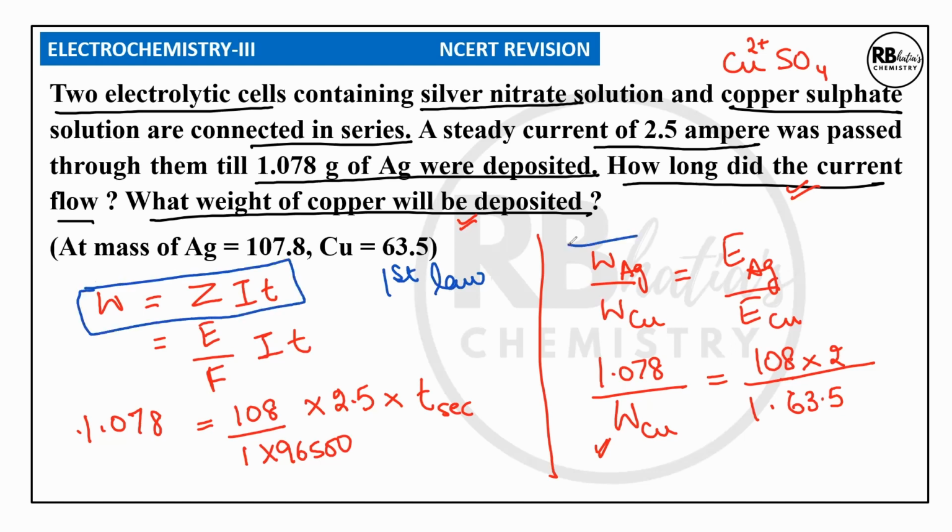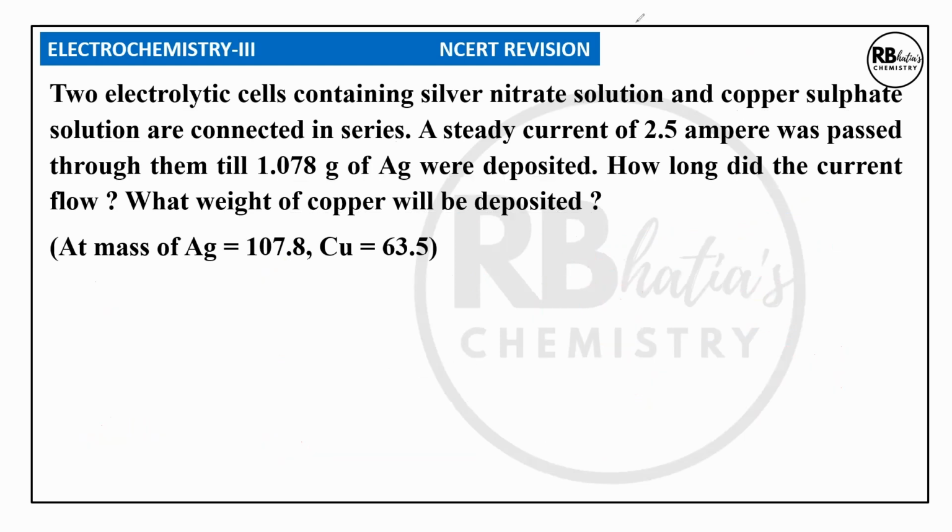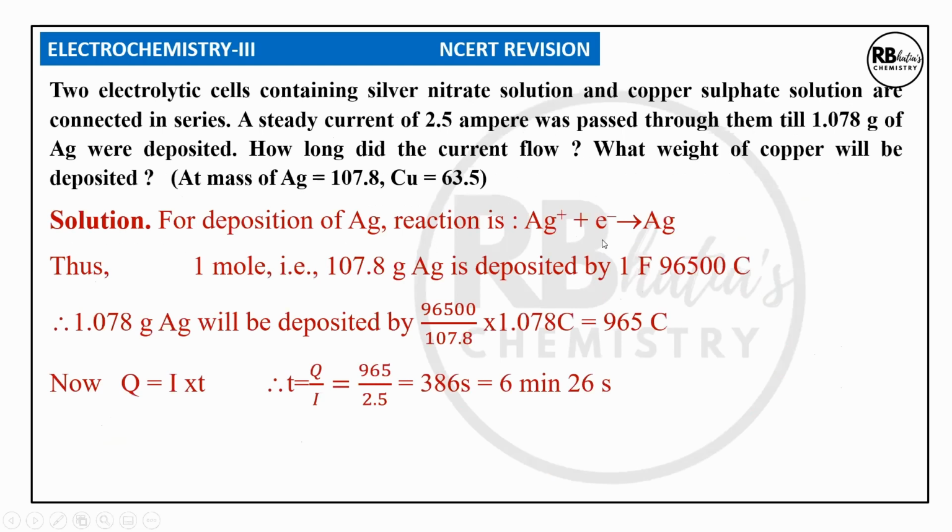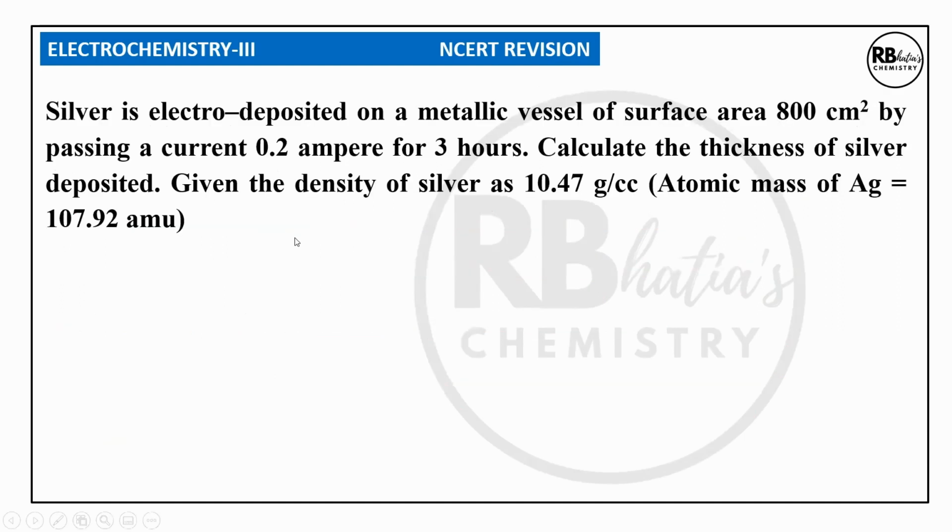And for this we have used the second law of electrolysis. Okay, so all these are the probable questions from laws of electrolysis. So you will finally get the answer for time as 6 minutes 26 seconds when you solve this. Now this is another very important question type.